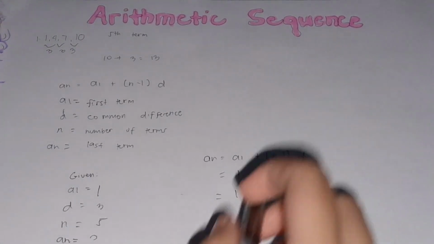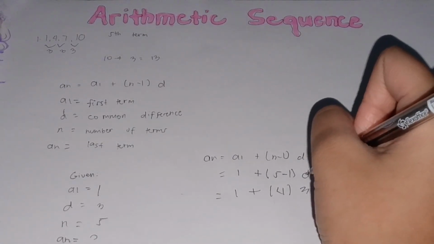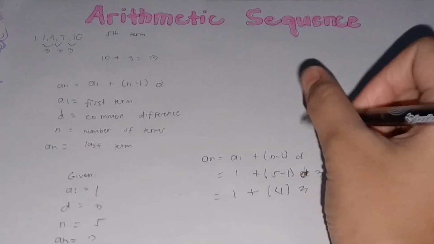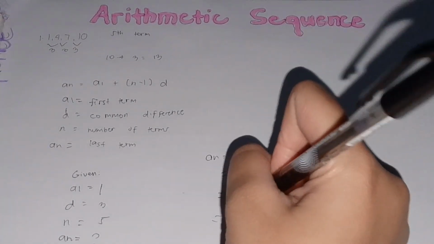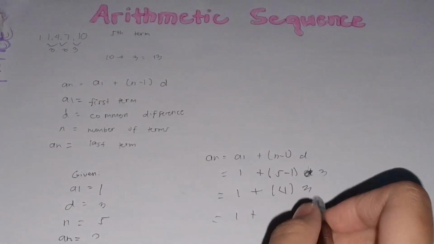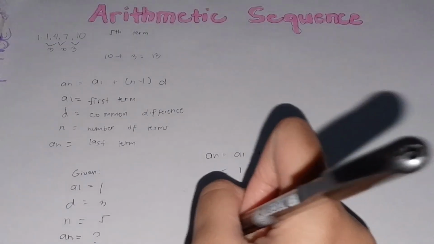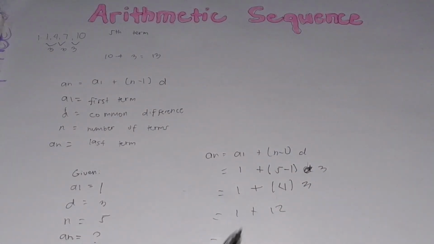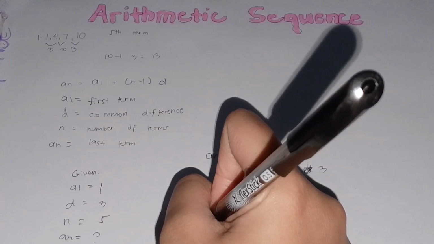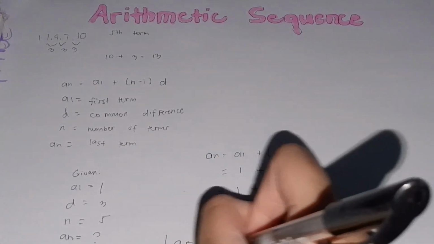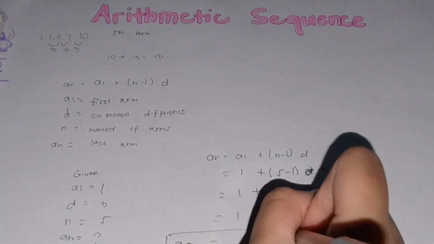I'm sorry guys, you're just supposed to put number 3 here. So 4, let's bring down again number 1, and then 4 times 3 is equal to 12. And then let's add this, guys. 12 plus 1 is equal to 13, and that's it. Our fifth term is 13.